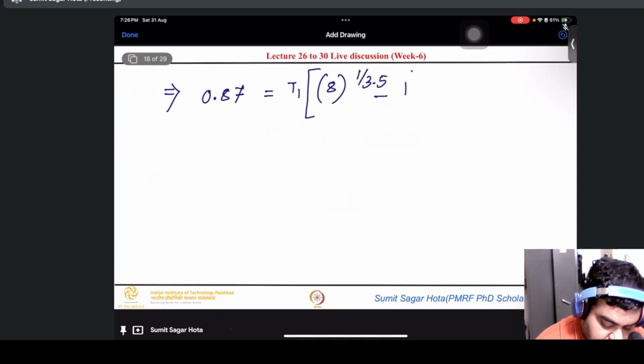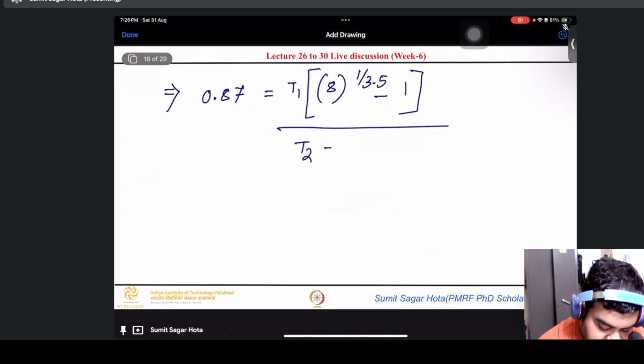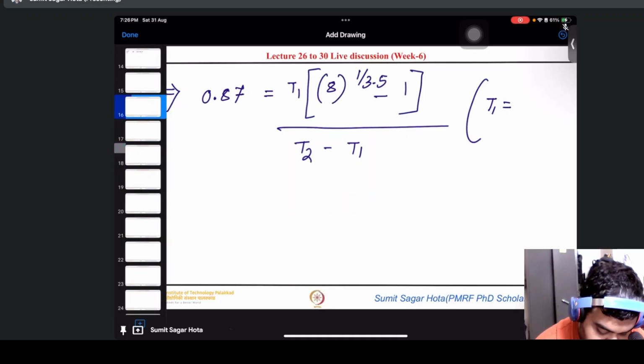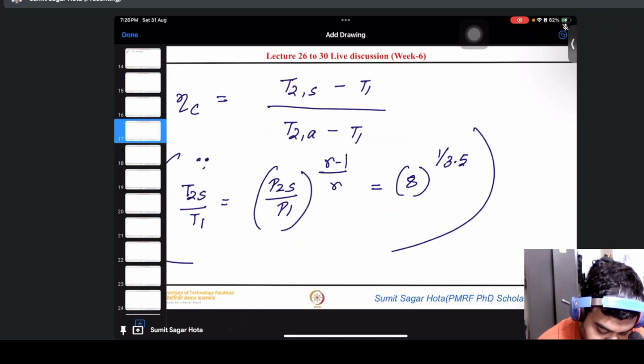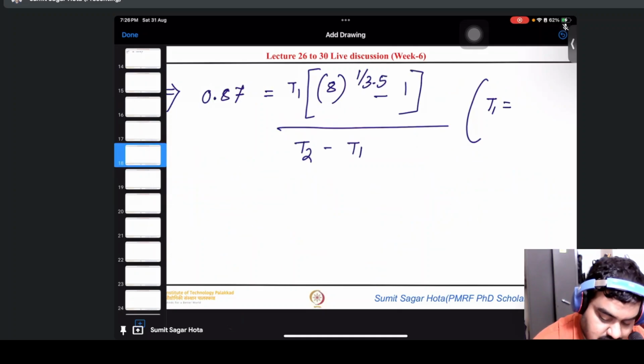Because here also T1 is there, right? Divided by T2 minus T1. What is T1? Where is T1? We found out the T1, 251.9 Kelvin. Substitute.